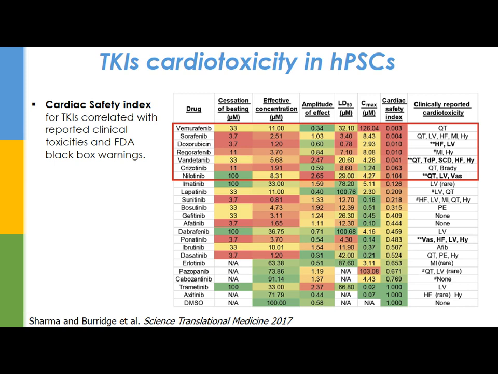And taking together all these parameters, they generated a cardiac safety index for tyrosine kinase inhibitors. This cardiac safety index nicely correlated with reported clinical toxicities and FDA black box warnings, as you can note here.